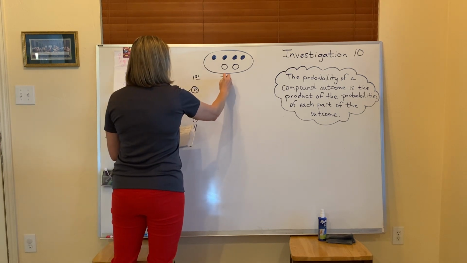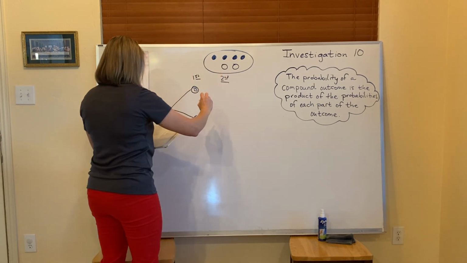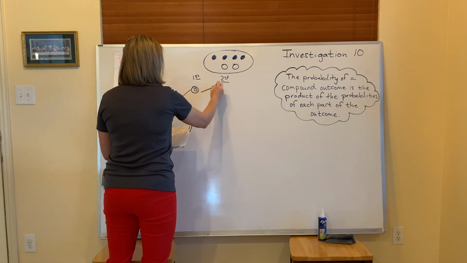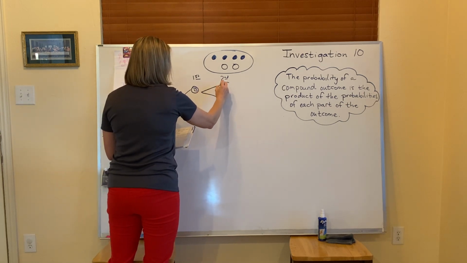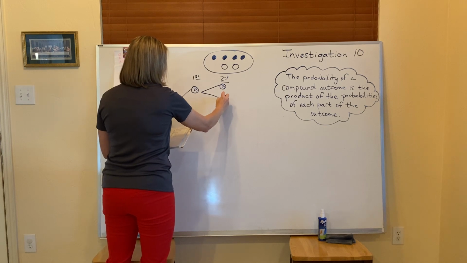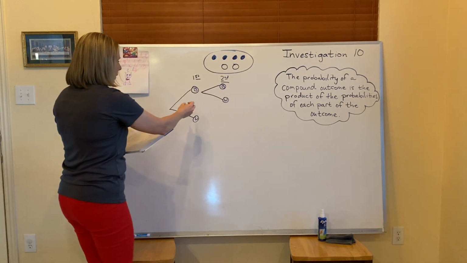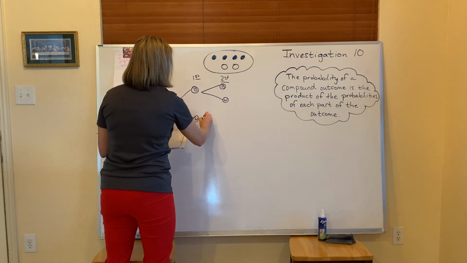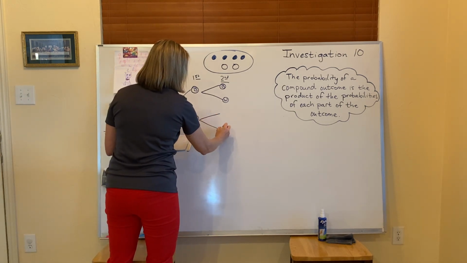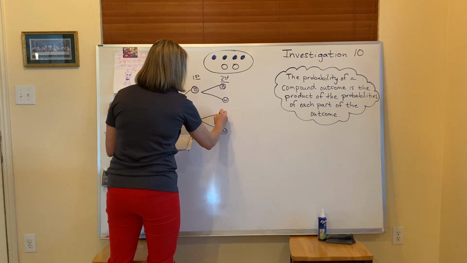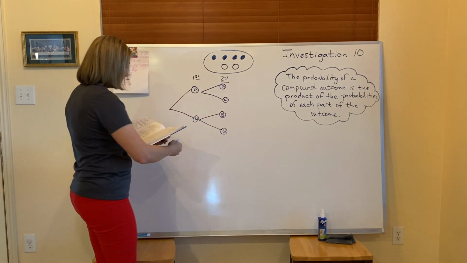Second draw, we could draw a blue, or we could draw a white, right? If we drew a white the first time, the second time, there's still a white left. We could draw a white, or we could draw a blue again, okay?